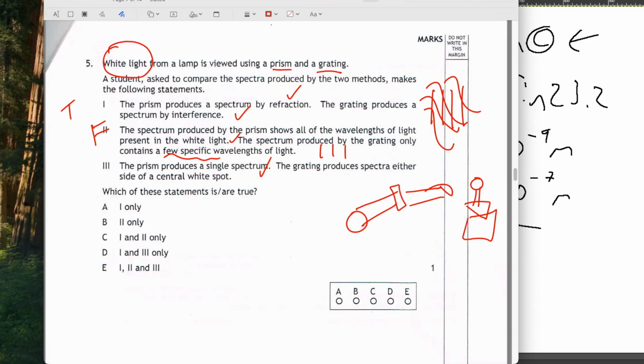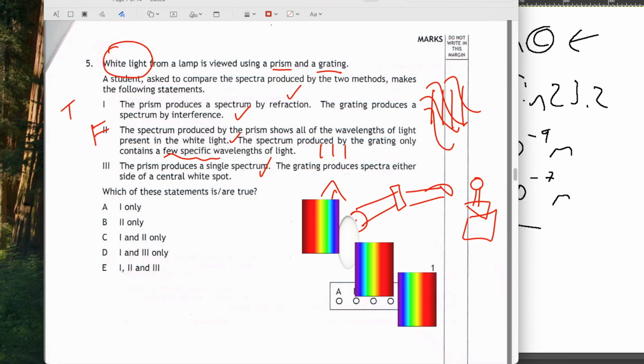You would have seen multiple spectra on each side. White light in the middle, that's the slit, and then as you move to the side, you see a spectrum and another spectrum, on each side. This is true. So true, false, true. Only 1 in 3, the answer is D.